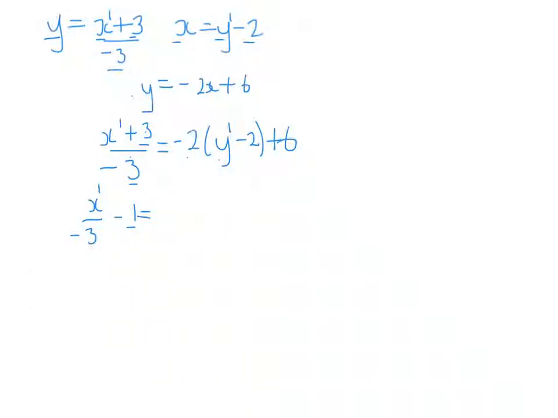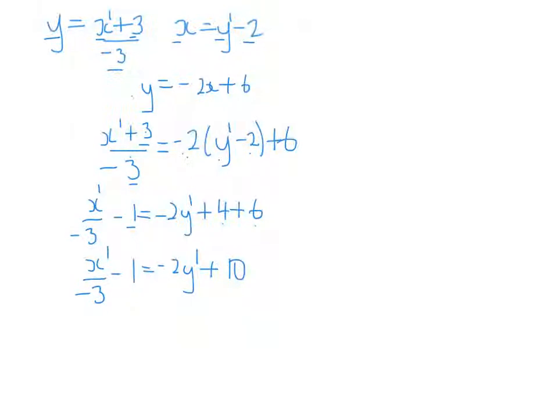Now -2 times y is -2y, and -2 times -2 is 4, plus 6. Now if I add up the 4 and the 6, that'll be 10. So that'll be -2y plus 10.